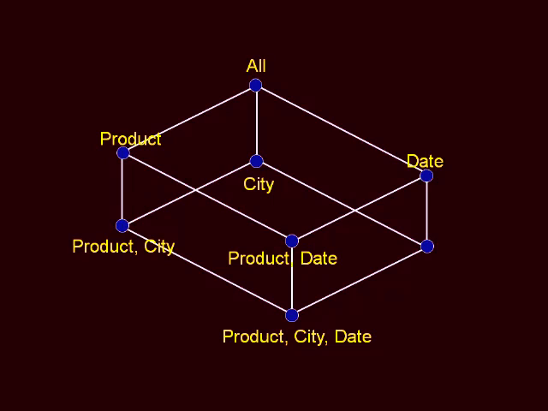Then by using these combinations of values, I can find the total sales for each product over each city. And these product city values are always contained in this, because product city is a subset of this. This is the containment. Even though the containment principle is there, the aggregated values are computed by taking the measures associated with this combination.